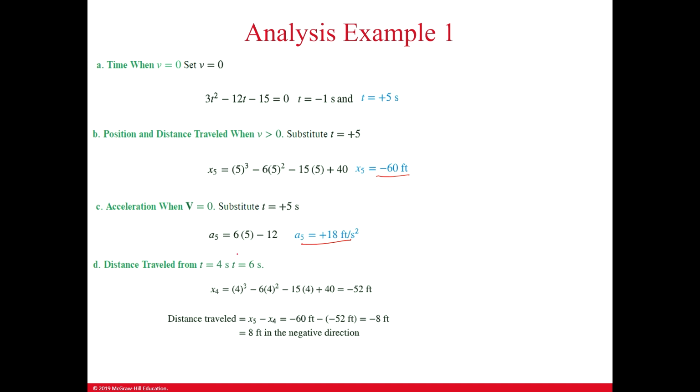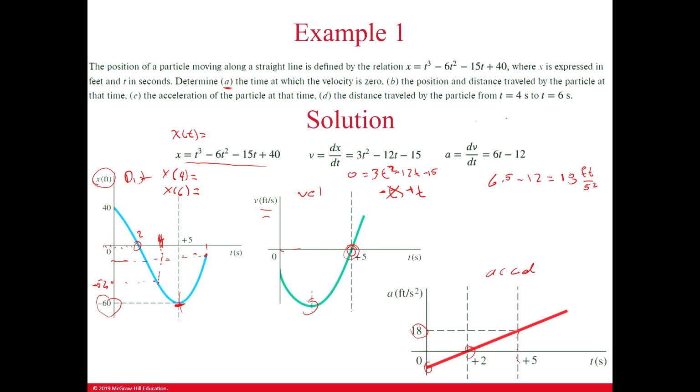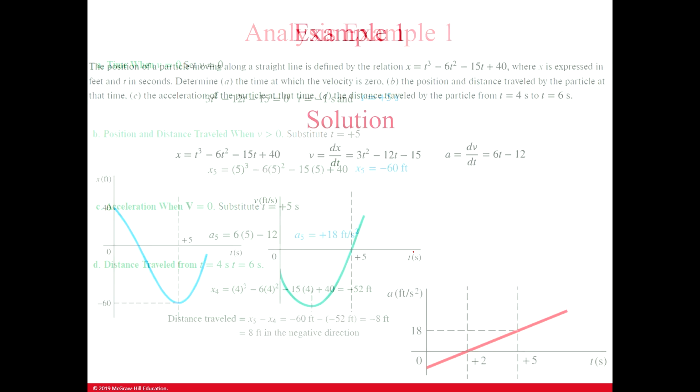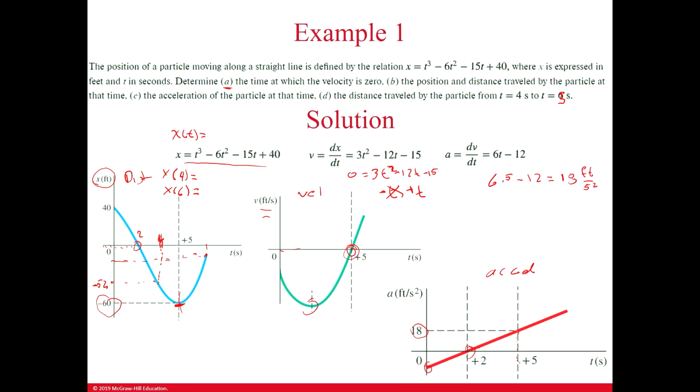Oh, they have a typo because they meant from 5 to 6. Yeah, because they're doing x5 minus x4. If you see, they're doing x5 minus x4. We have to find this, and this is the one that we already had. That's negative 60. All right, so it actually is pretty simple then, because this is the difference between here and here.